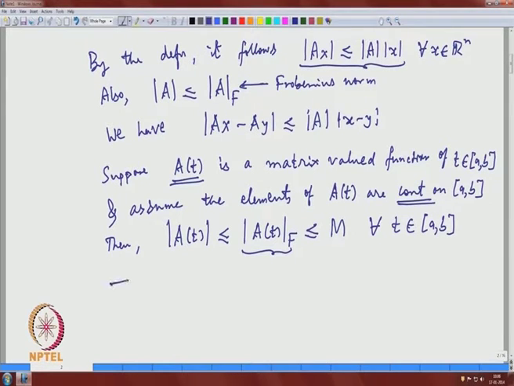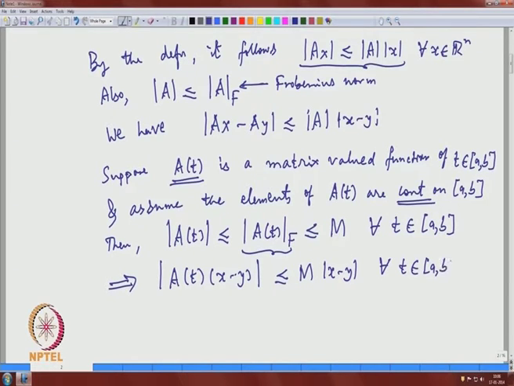Okay. So, we have this useful inequality: norm of A of t x minus A of t y is less than or equal to m times norm of x minus y for all t in [a, b].